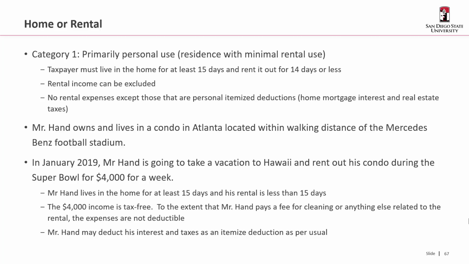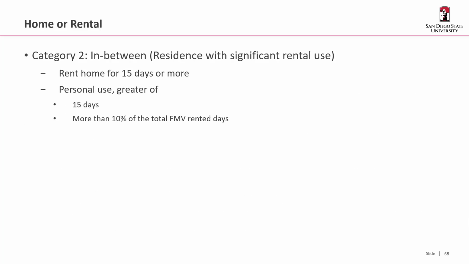So category 2 is the in-between category, or a residence with significant rental use. Again, in this case, the home is rented now for 15 days or more. So we've eclipsed category 1, right? We're above 2 weeks.